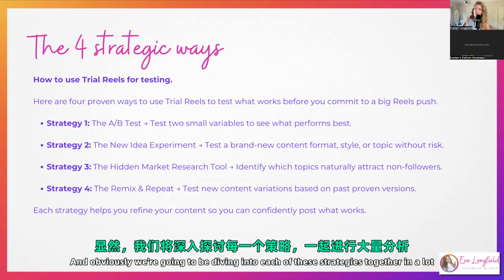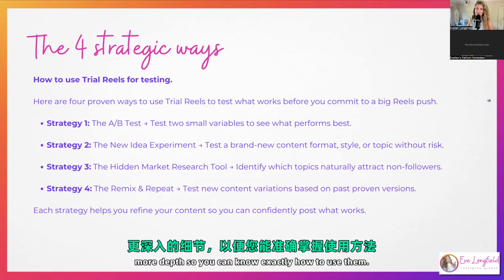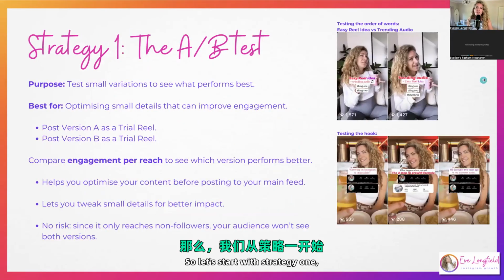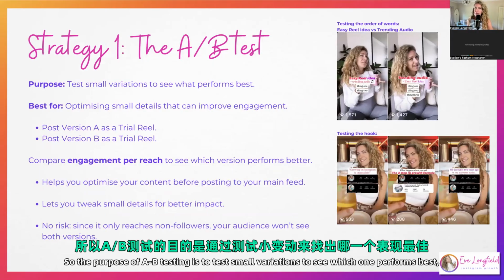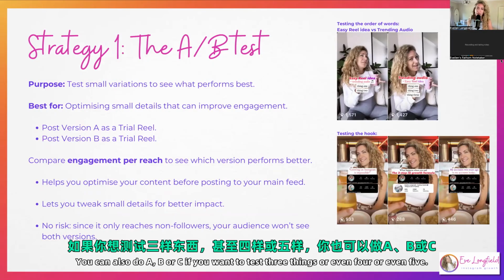And obviously, we're going to be diving into each of these strategies together in a lot more depth so that you know exactly how to use them. So let's start with strategy one, the A/B test. The purpose of A/B testing is to test small variations to see which one performs best. So A or B. You can also do A, B, or C if you want to test three things, or even four, or even five.